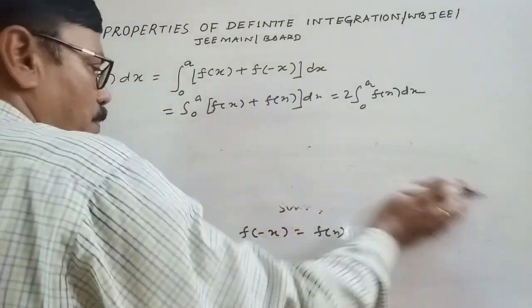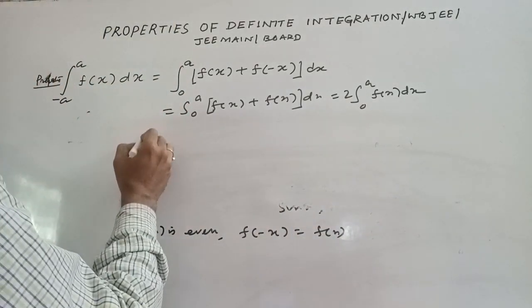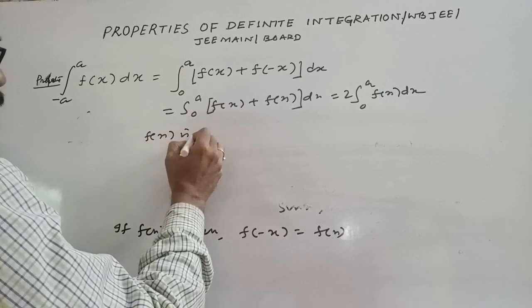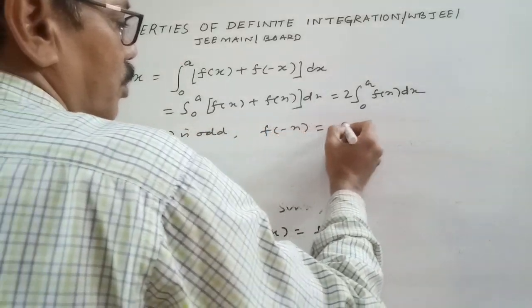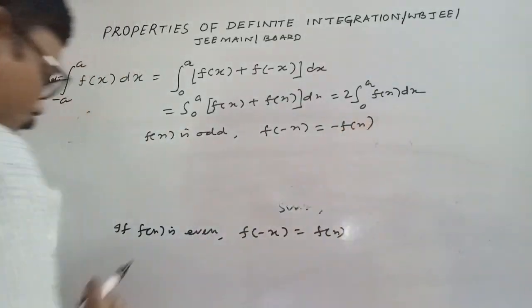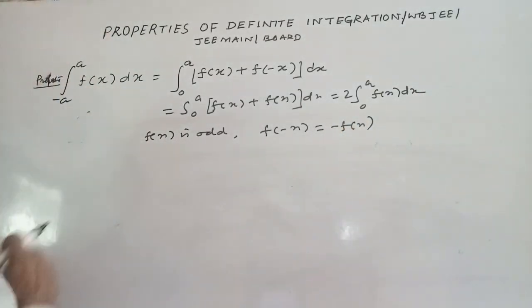But if f(x) is odd function, then f(minus x) equals to minus f(x). Then what will be the result?